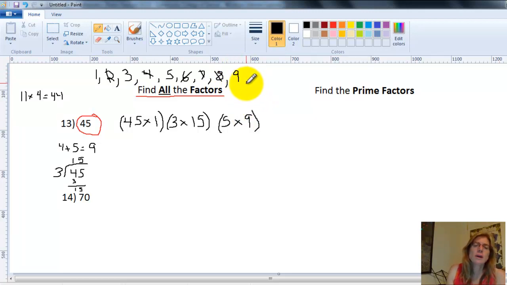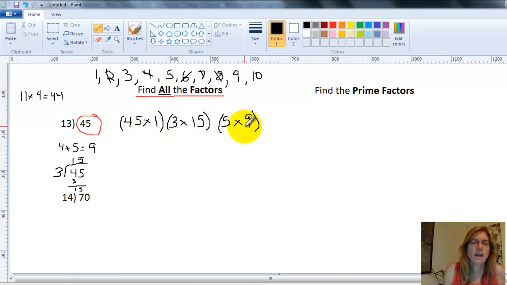And we could keep going, but at this point, we've hit the turnaround point. Now we know the next number above 9 that goes into 45 is 15, and the next number above 15 that goes into 45 is 45. So once you hit a turnaround, 5, 9, and whoops, we're just going backwards, then you have all the factors of 45.